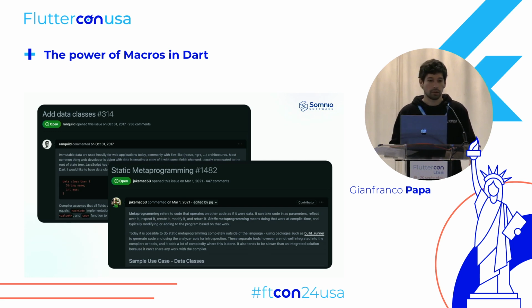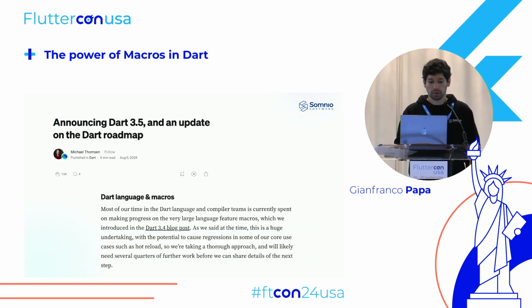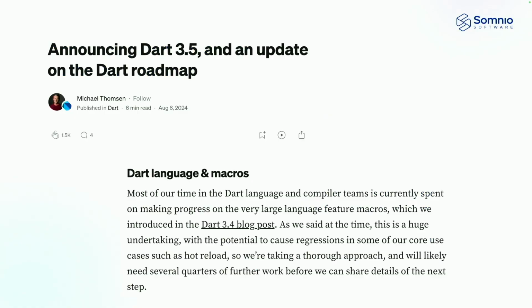But these things are also implemented in the language itself in other languages. So that's why macros could really be the next thing for Dart, so we can follow the same direction as other languages. Then, of course, we have other announcements in Dart 3.5, giving more follow-ups to this topic. The motivation behind this is a really recent thing, and we should be prepared for next year.